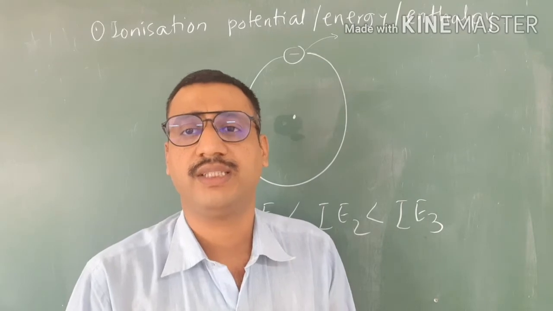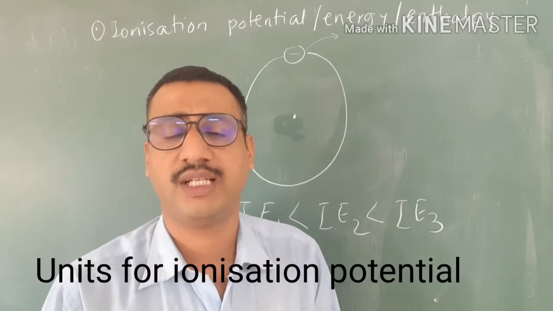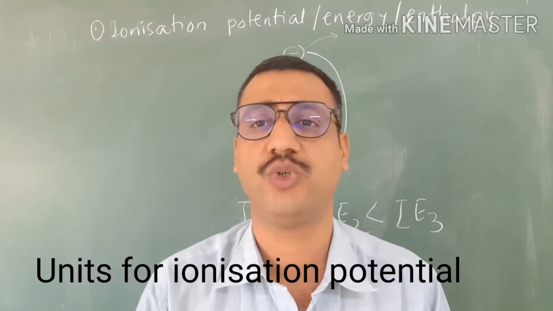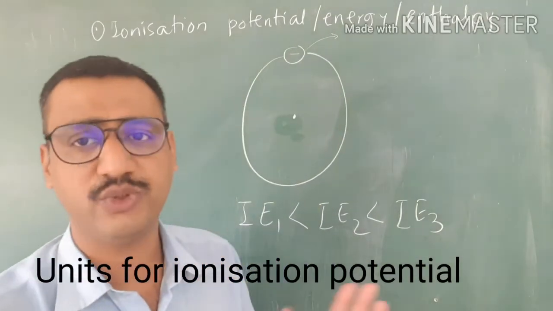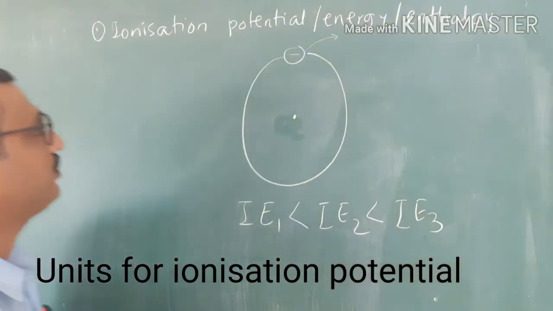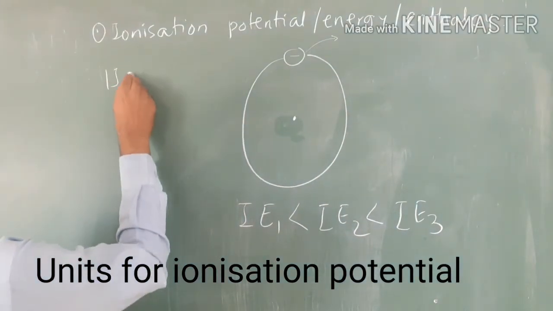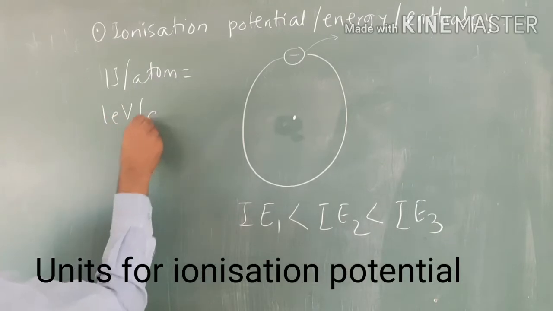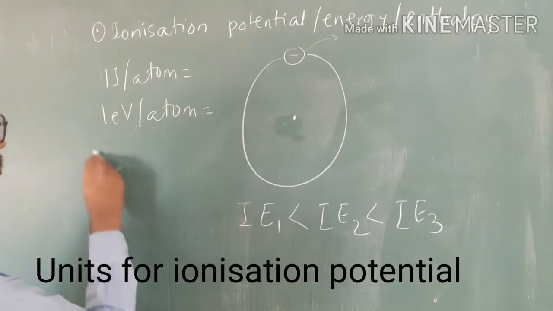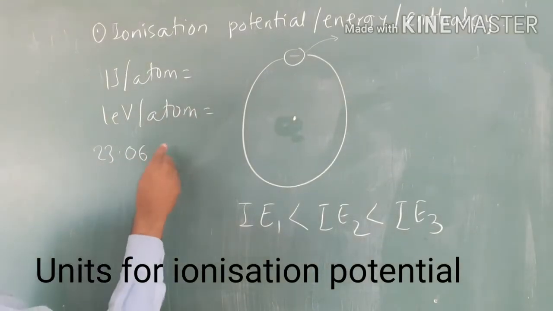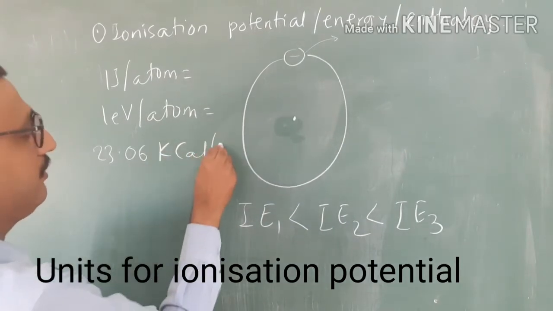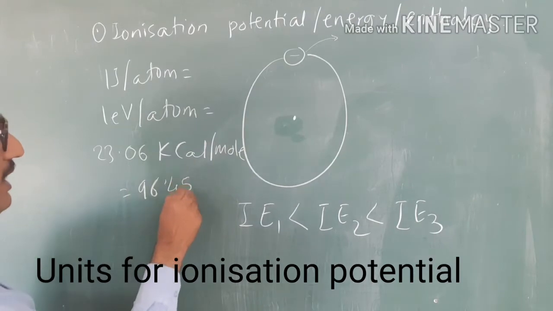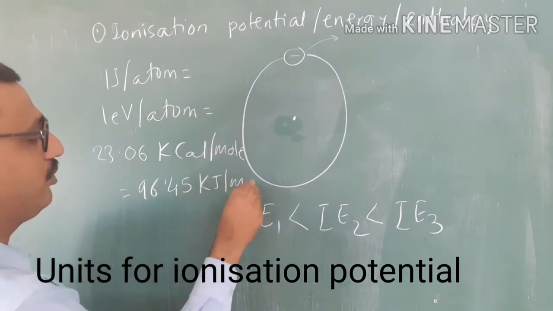Then ionization potential is measured in units like joule per atom, electron volt per atom, kilocalorie per mole or kilojoule per mole. How are these units related with each other? Let's have a look. 1 electron volt per atom is equal to 23.06 kilocalorie per mole, which is equal to 96.45 kilojoule per mole.